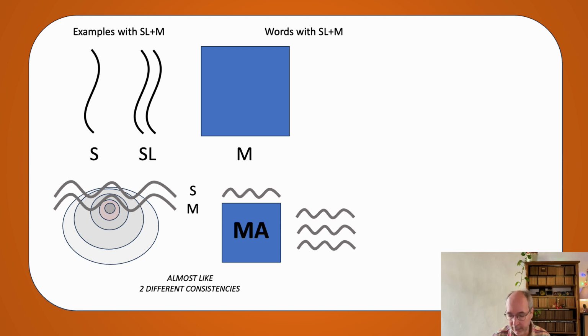Now, strangely enough, water also has two completely different opposites. The first opposite shows you the waves, and the other opposite is the mass.